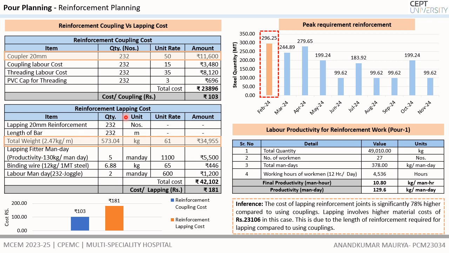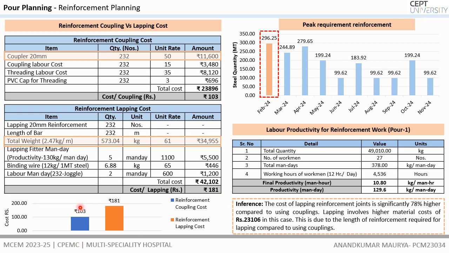For the lapping cost, the weight of steel used for lapping is 573.04 kgs, and the total cost, including binding wire and man days used for the joggles and lapping of the bars, comes to 42,102 rupees, and the cost per lapping comes to 181 rupees.